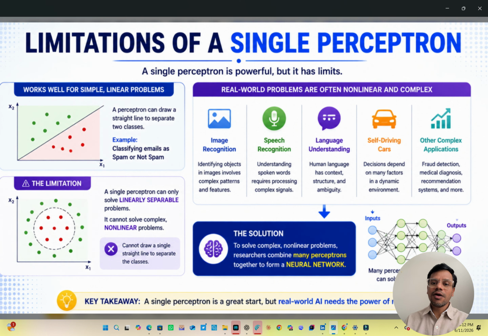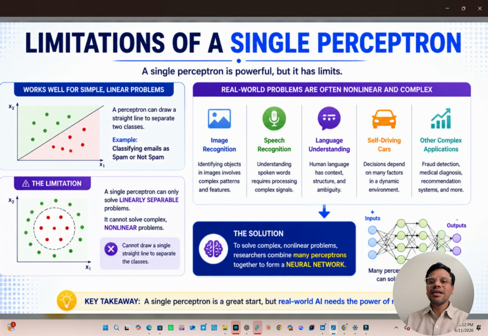right? Now let's go to the limitations of the single perceptron. Perceptrons are powerful, but they have limitations. A single perceptron works very well for simple linear problems, right? For example, basic classification tasks or simple decision boundaries.